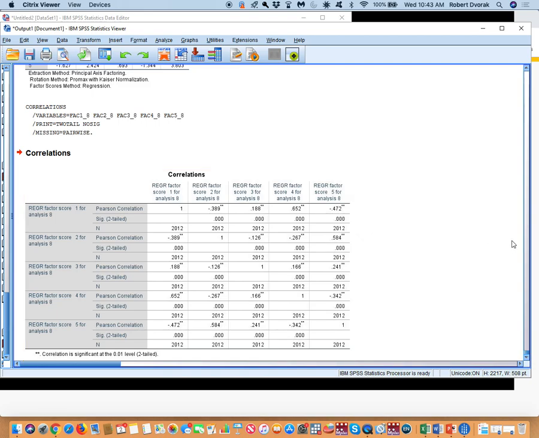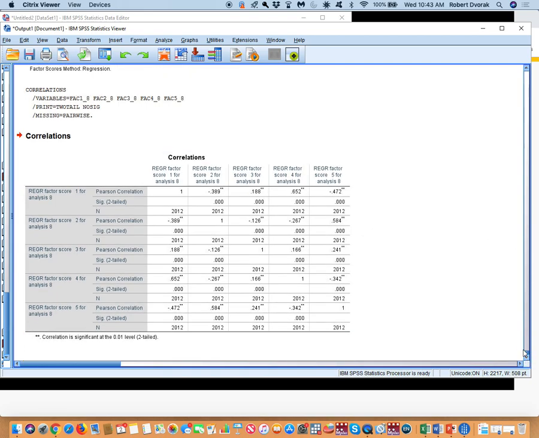Okay. And so 1 was what again? Wasn't 1 positive urgency? And 4 was negative urgency, and the correlation between 1 and 4 is 0.65. It's a pretty strong correlation, right?